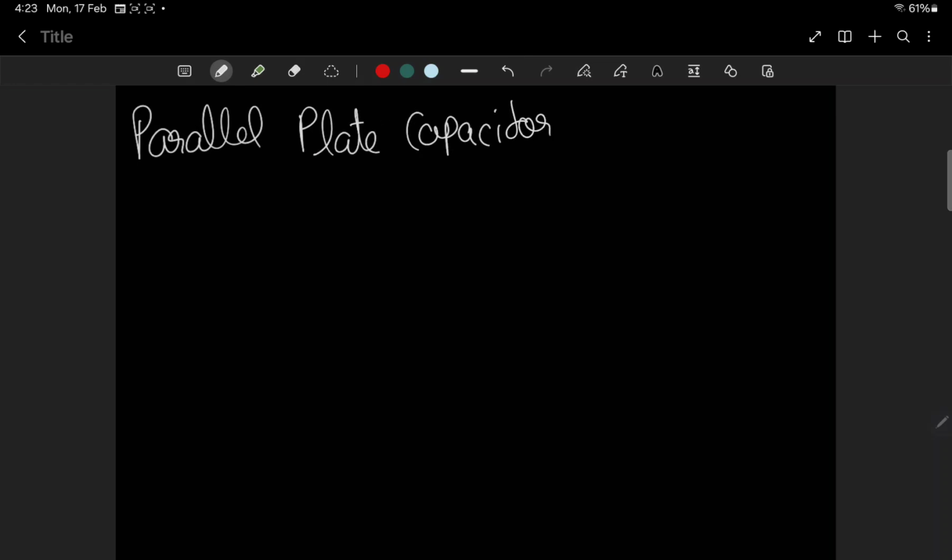Now we come to the most important part, the parallel plate capacitor.